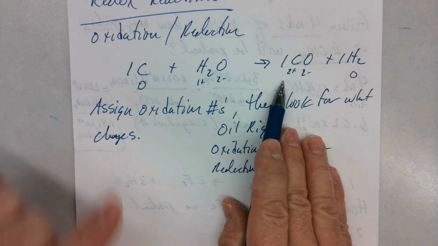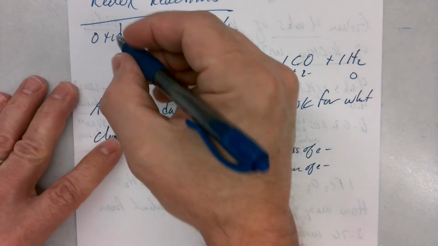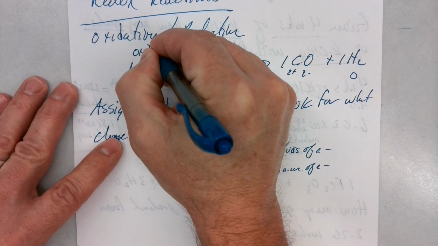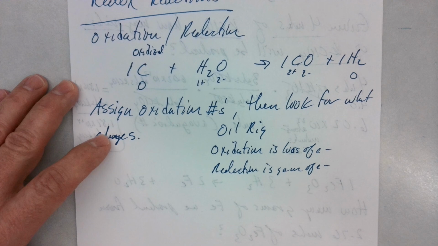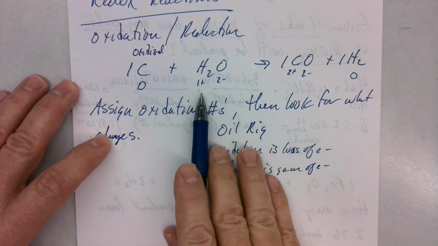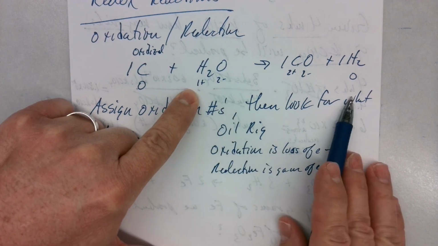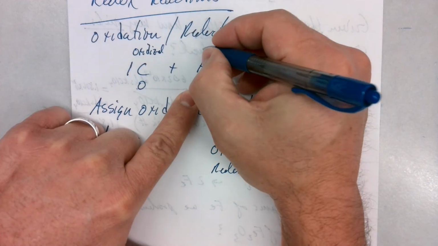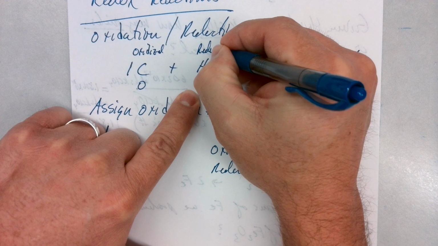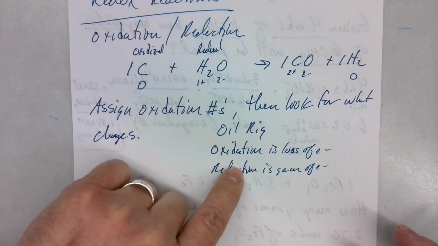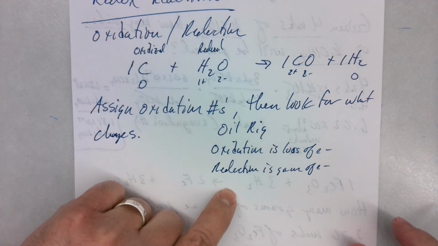So it lost electrons, right? So that means it was oxidized. Okay? My hydrogen went from a 1 positive to a 0, which means it gained, so that means it was reduced. Oxidized and oxidation are the same, reduced and reduction are the same.